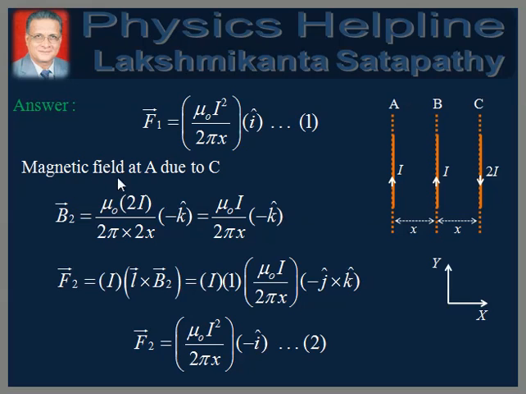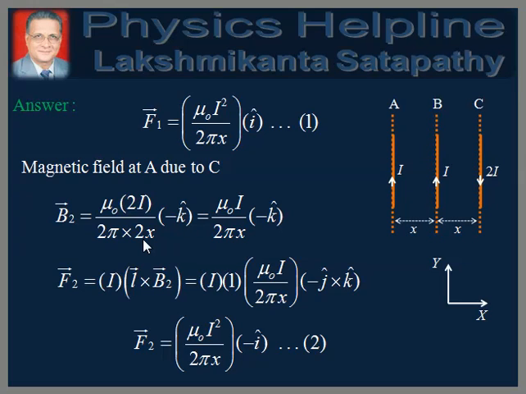Similarly, magnetic field at A due to conductor C. Now, conductor C carries a current 2I and its distance from A is 2x. We'll put these values. So, B2 is equal to mu 0 into current 2I divided by 2 pi into distance 2x.